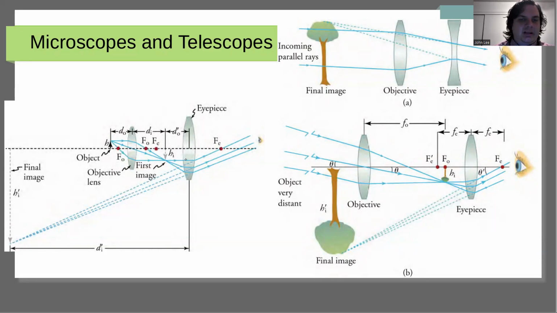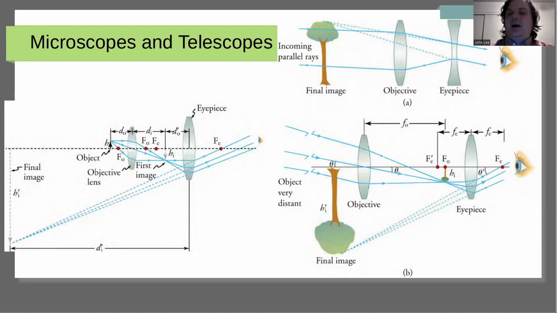And the rays that come from that image pass through the second lens, where the first lens is called the objective and the second is called the eyepiece, and it creates a third image in your eye, in the sensing apparatus, so that it looks like the object is actually coming from either significantly closer or significantly farther away.